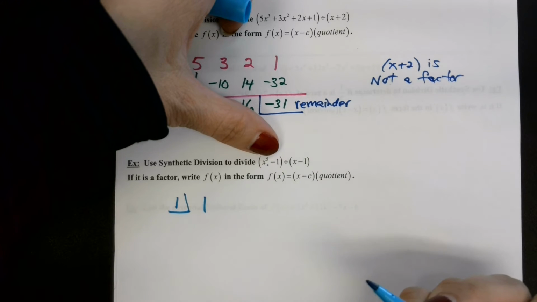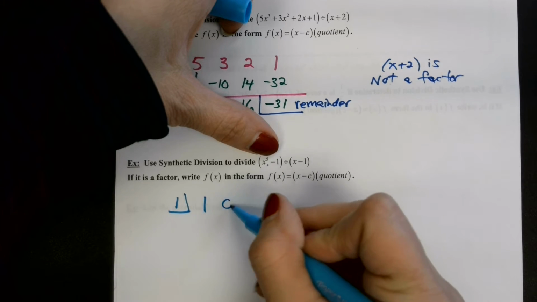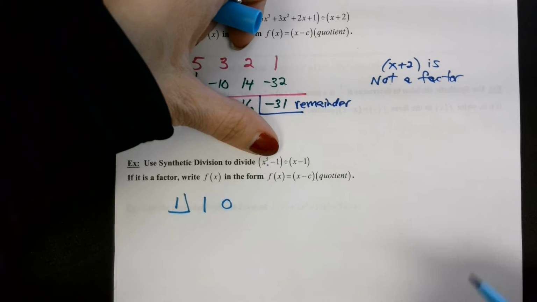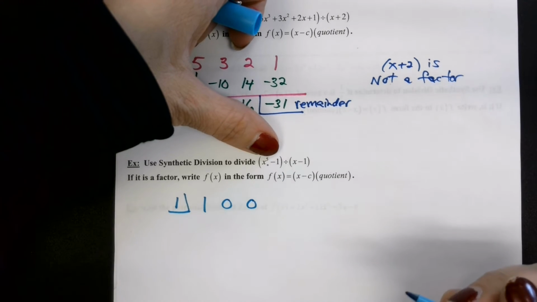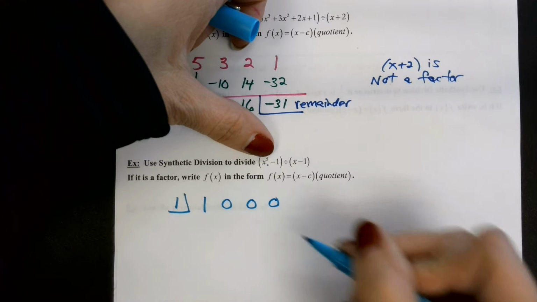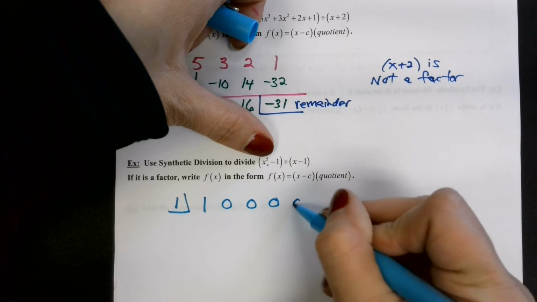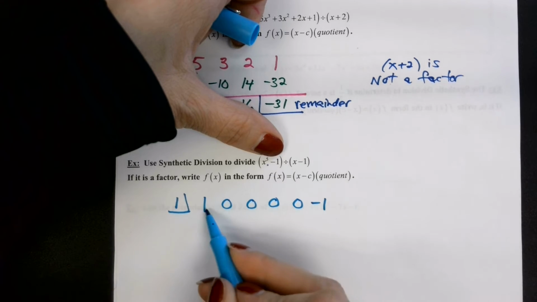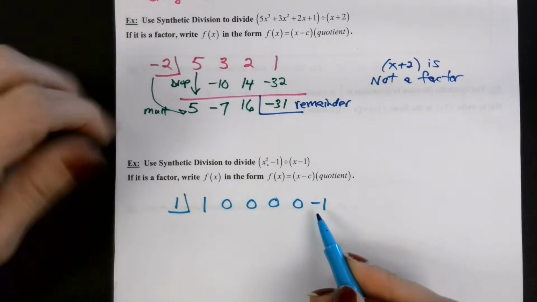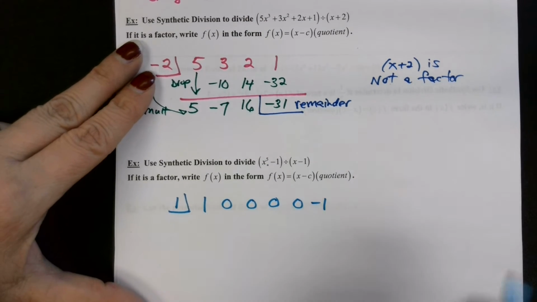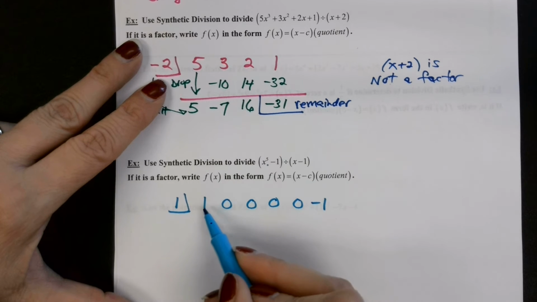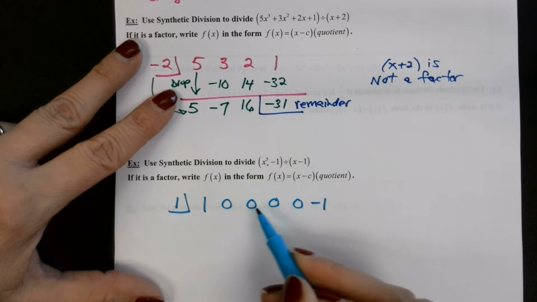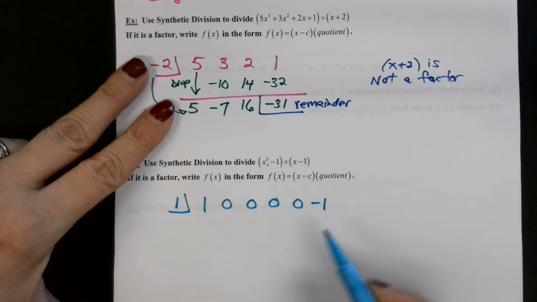I don't see any x to the 4ths, there's 0x to the 4ths, 0x to the 3rds, x squared, x to the 1st, but the constant is -1. So you need to add all the terms in. You have to have a column for every power: to the 5, to the 4, to the 3, to the 2, to the 1, to the none.